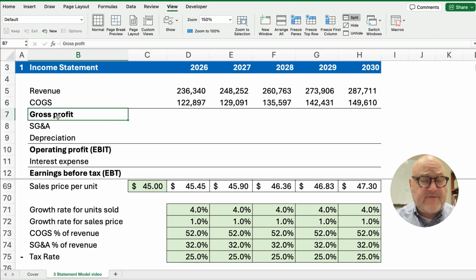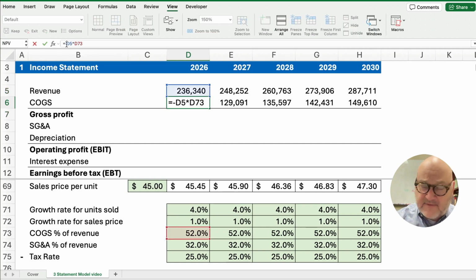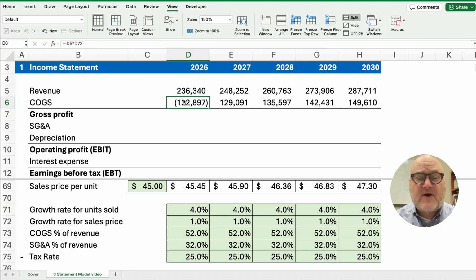And then we have gross profit. Now, here's one thing we can do. If we make it negative, then what we could do is just add these and we already have a subtraction. So the math is a little bit easier if we just add everything together. So I'm going to go back and edit this formula and make it a negative. And then as I copy it across, all those numbers just flip to negative. Now, all I have to do is just add this up and there's my gross profit.